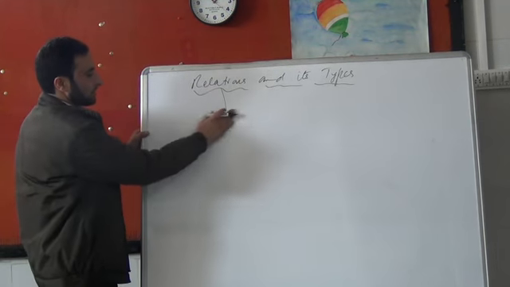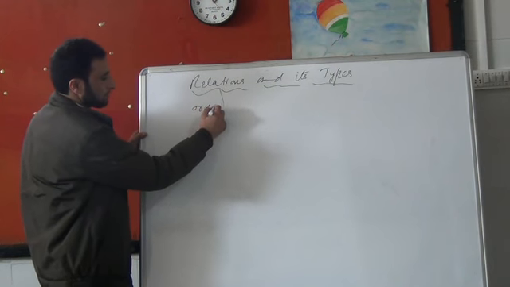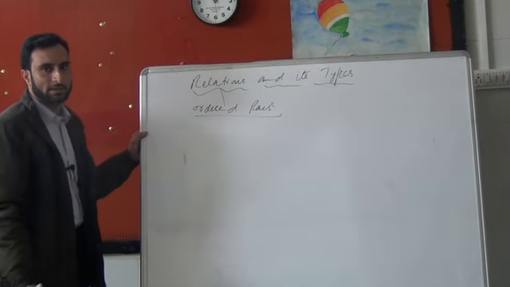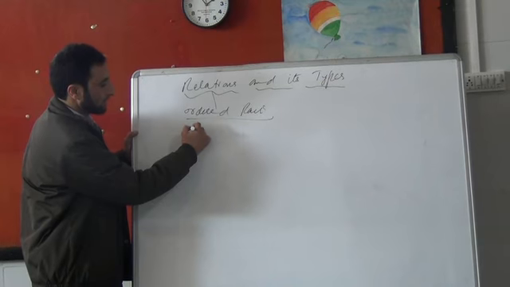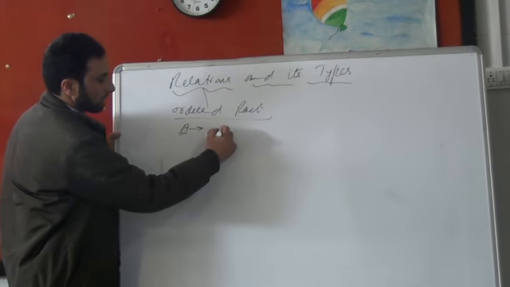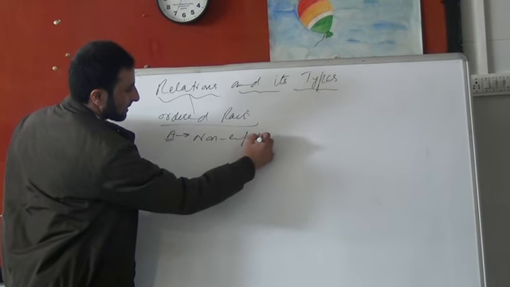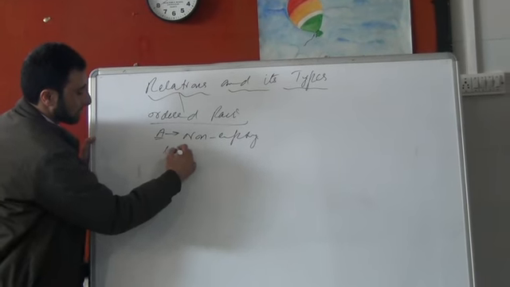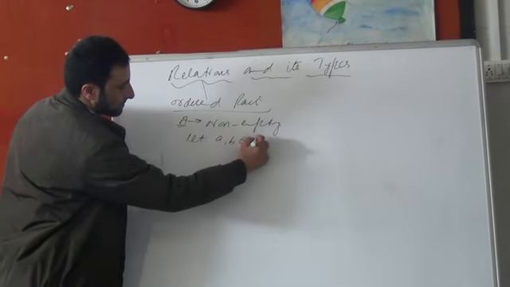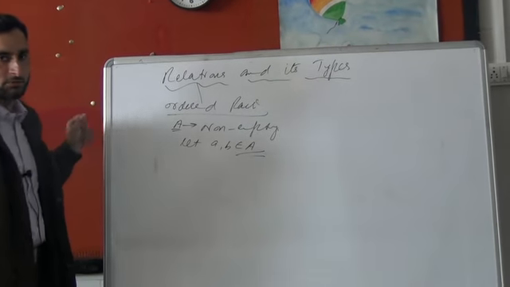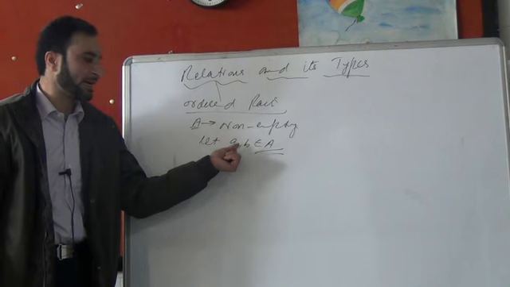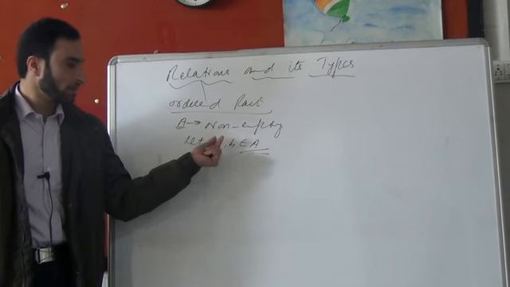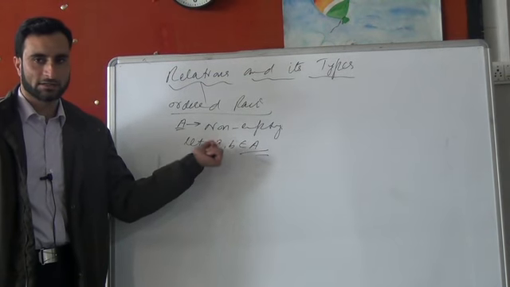The first one is the ordered pair. What is an ordered pair? If we have a non-empty set A, and we suppose that you have two elements a, b in set A, then if we place the two elements a and b in a particular order or according to a definite arrangement, then the arrangement will be called the ordered pair.